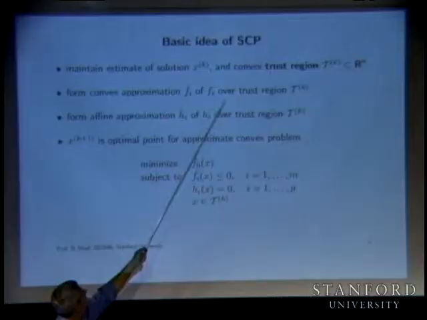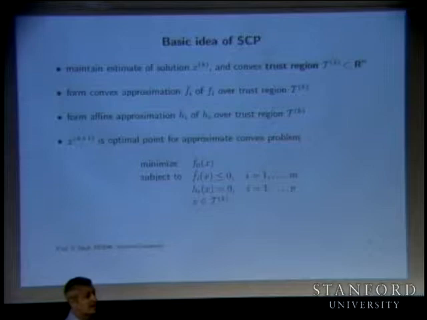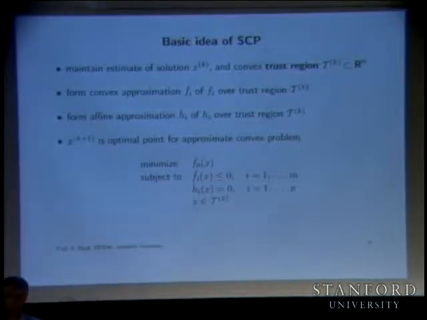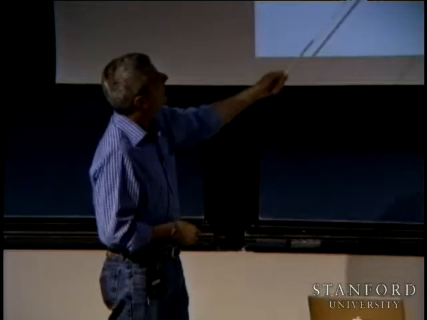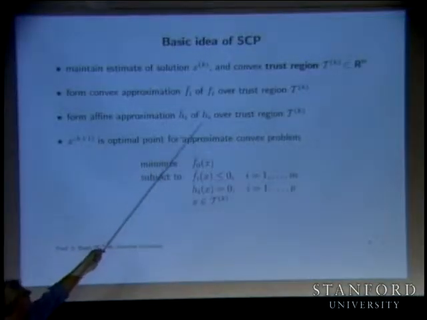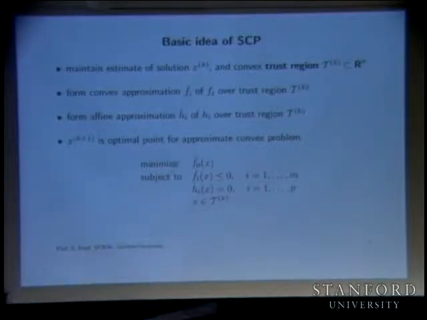You're given a trust region, and for each inequality function and your objective, you ask to form a convex approximation of fi over the trust region. And we'll see, there's going to be lots of ways to do that, some simple, some complex. And then for the equality constraints, you're going to ask each possibly non-affine constraint to generate an affine approximation of itself.